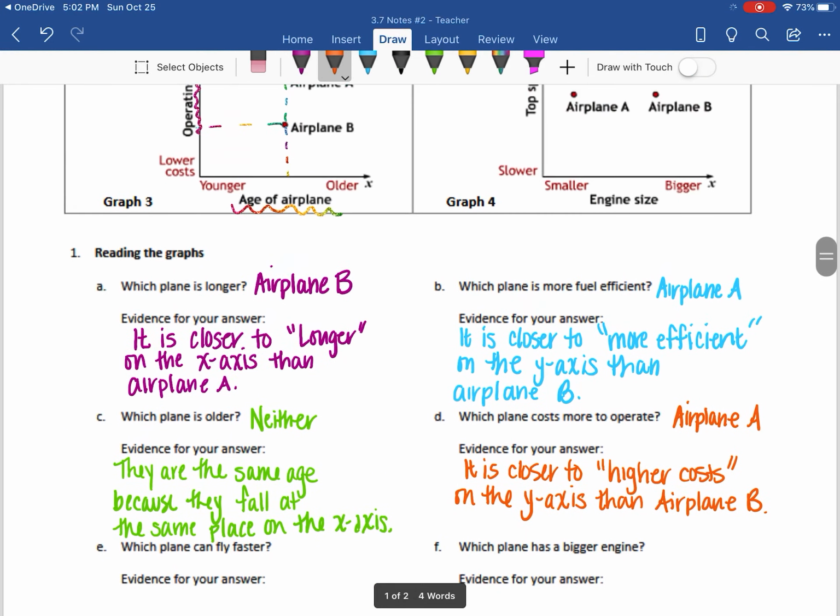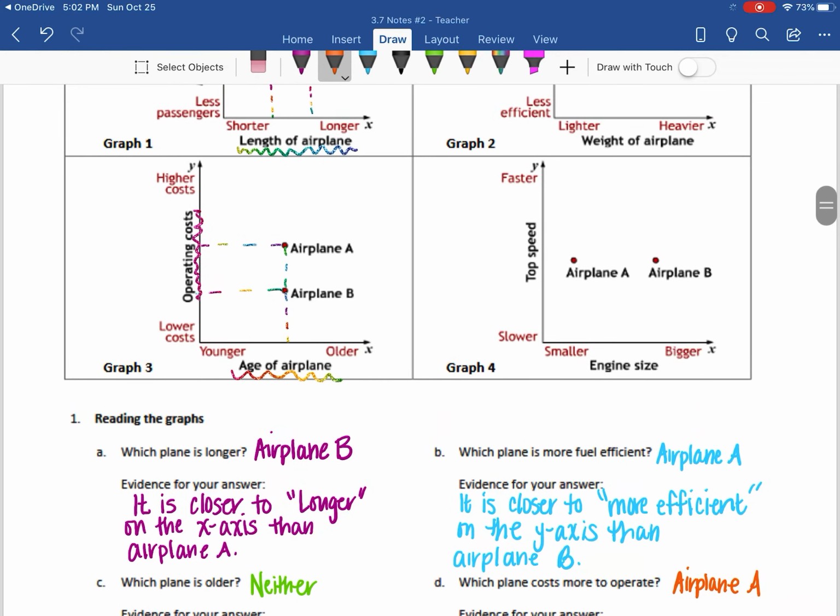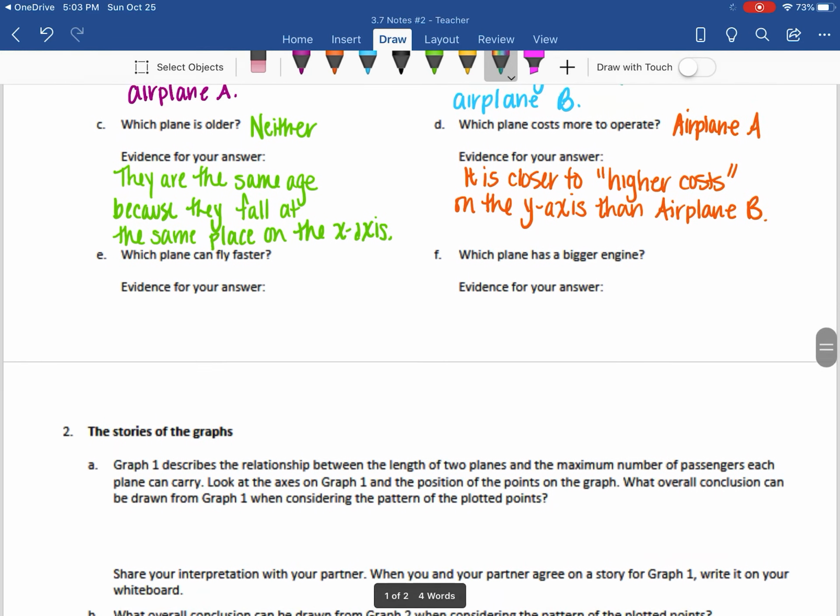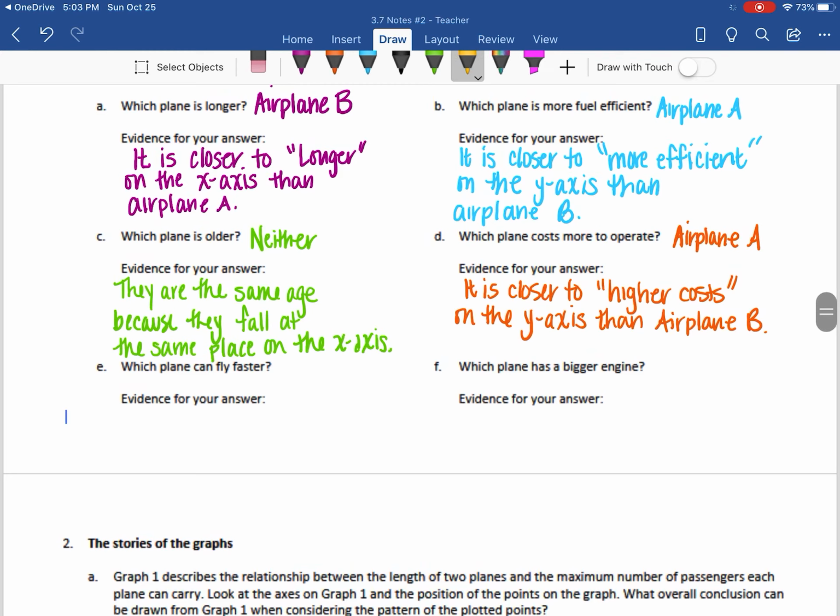All right, which plane can fly faster? We are looking at top speed. Okay, top speed. I'm going to draw my line over to the y-axis, and you will notice that they both fall at the same spot, so neither one of them is faster. Okay, so we can say neither.